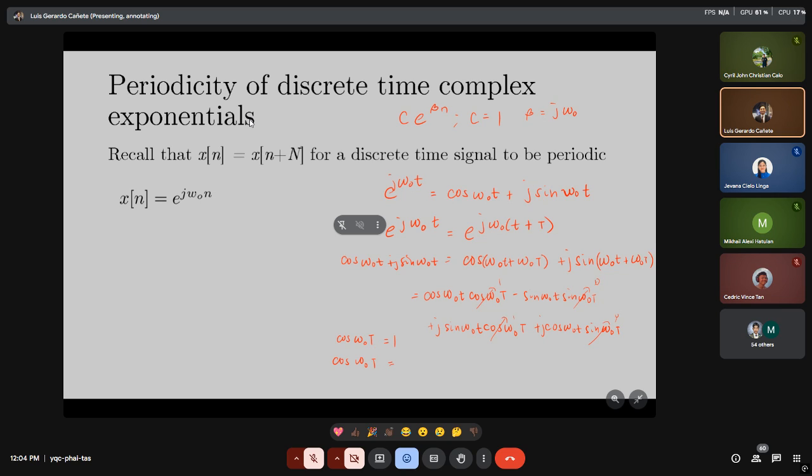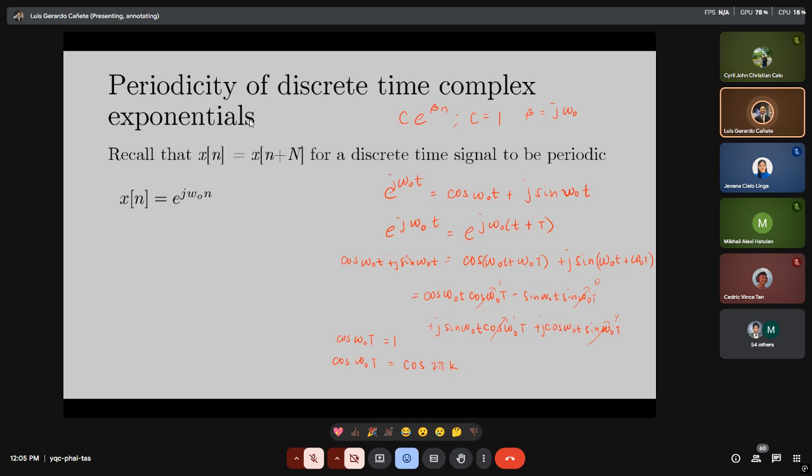So we can also show that this is always going to be equal to 1 if this were some cosine and then 2 pi times some, let's say k, right? So if I have an integer k, then this is always going to be equal to 1, right? So when k is equal to 0, cosine 0 is 1.